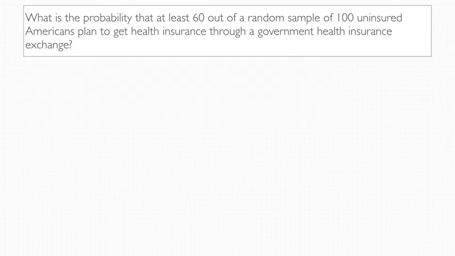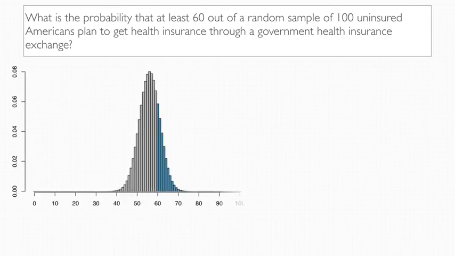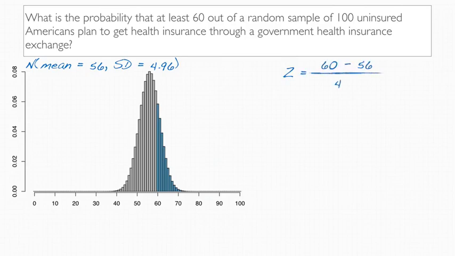Lastly, we can make use of the fact that the distribution is nearly normal, with mean 56 and standard deviation 4.96. When finding normal probabilities, we calculate the z-score as the observation 60 minus the mean 56 divided by the standard deviation 4.96. This comes out to be roughly 0.81.